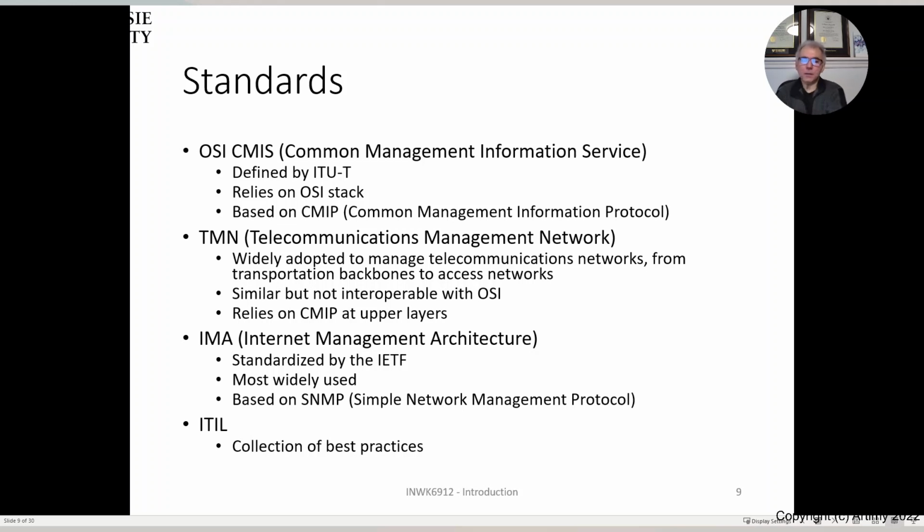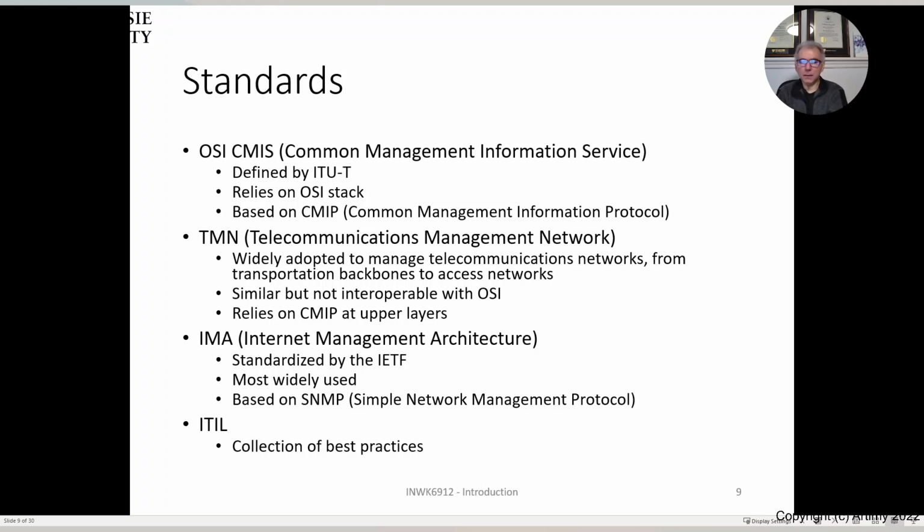We have another management model called the telecommunications management model. This was widely adopted by telecommunication networks, and it has similar concepts to the OSI, but it's not the same, right? And it's not compatible either.